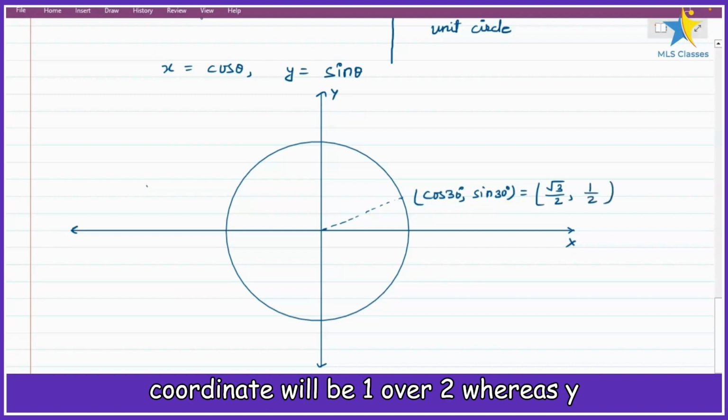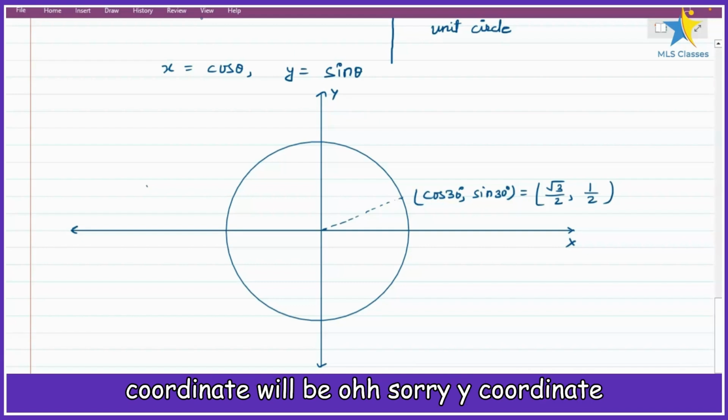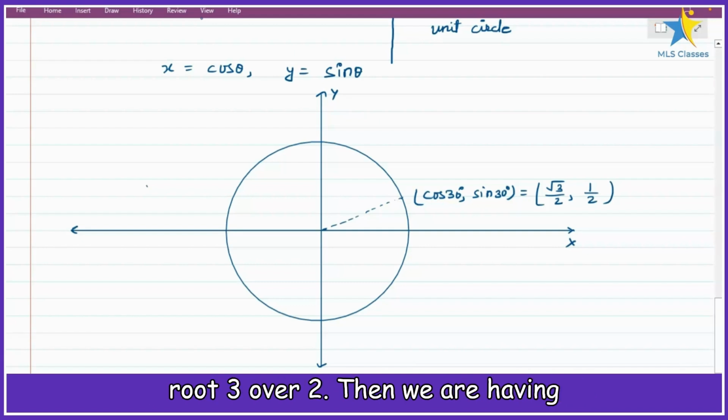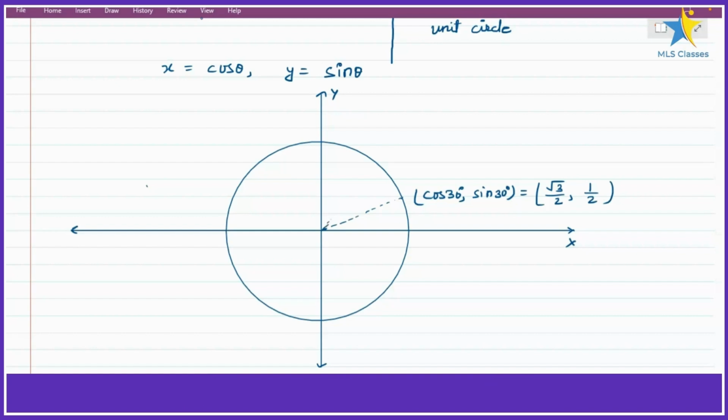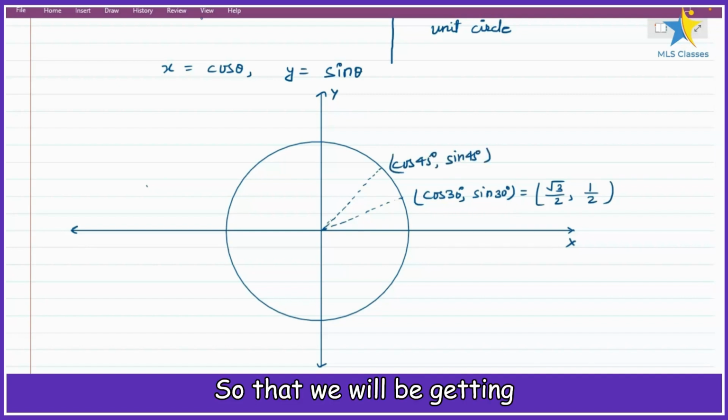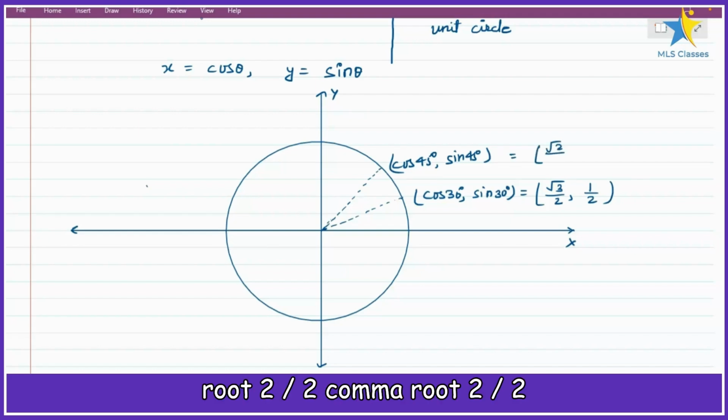That means here the x coordinate will be root 3 over 2, whereas the y coordinate will be 1 over 2. Then we have 45 degrees. This is cos 45 degrees, sine 45 degrees. So we will be getting root 2 over 2 comma root 2 over 2.